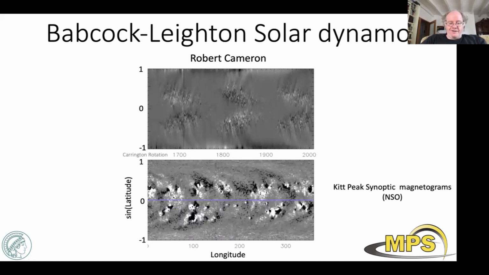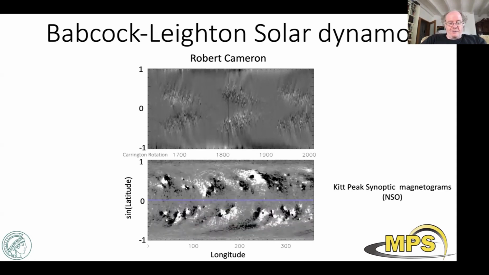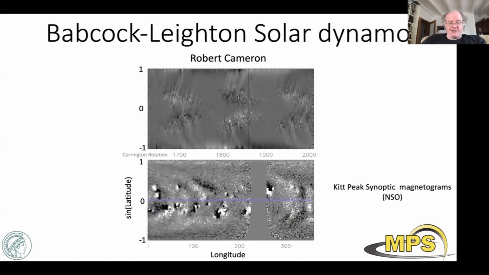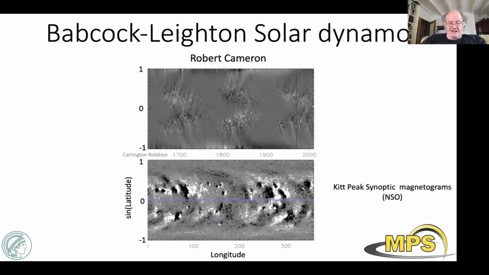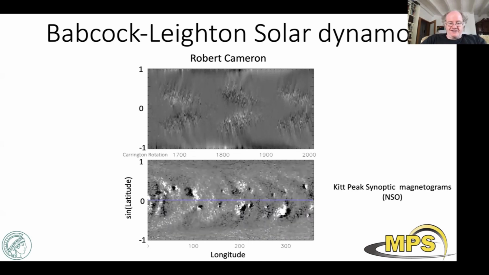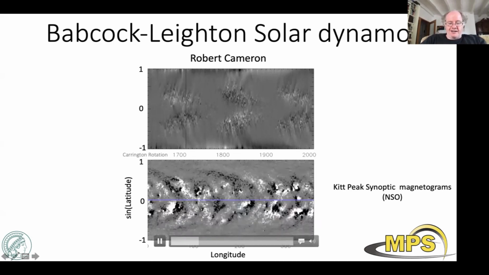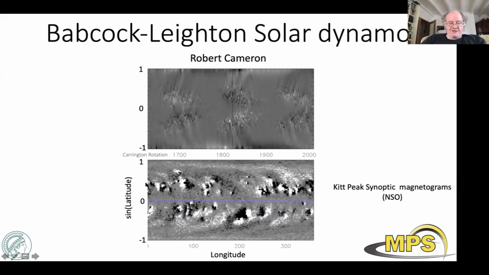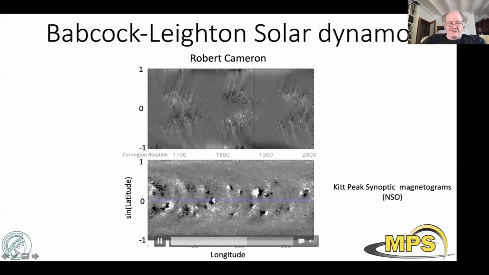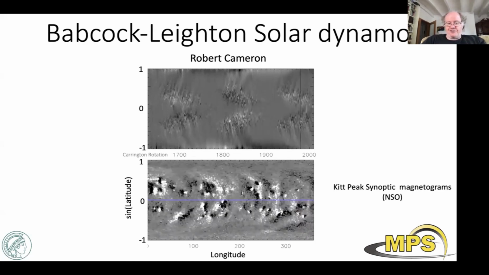If you look in the northern hemisphere, for example, you'll find that in one cycle, almost all the flux emergence has the same east-west orientation. What this tells us is that beneath the surface, there's a large scale, m equals 0, azimuthal magnetic field, which runs from east to west or west to east, and which flips from cycle to cycle. This is known as Hale's law.